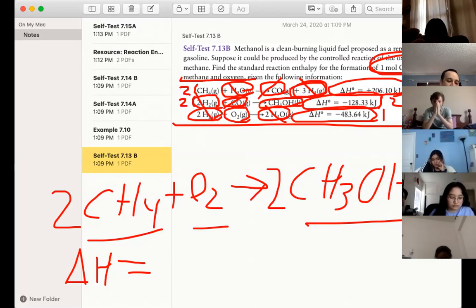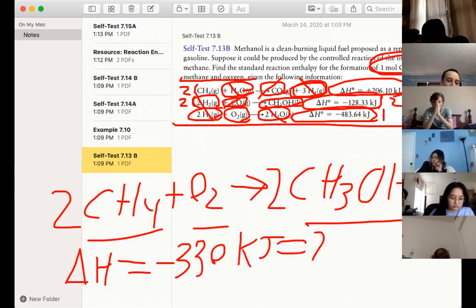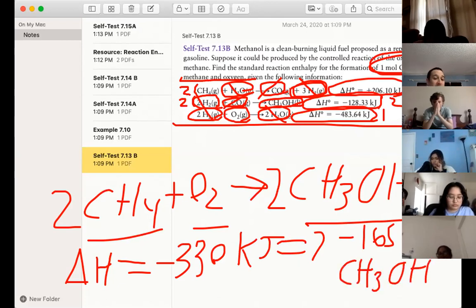So your overall delta H for the whole reaction is negative 330 kilojoules, which implies negative 165 kilojoules per CH3OH. All right, now I did all that math in my head, so 400 minus 250 is 150, and then minus 500 is going to be negative 350, roughly. Yes, that should be about right, actually. So I think that math is correct.